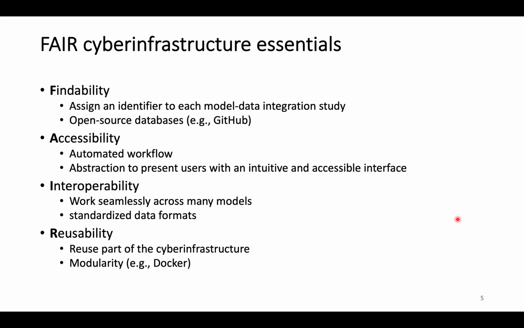Reusability refers to using the software or part of it for different purposes. It requires tasks involved in the cyber infrastructure to be isolated and modularized. A possible solution is virtualization techniques such as Docker.